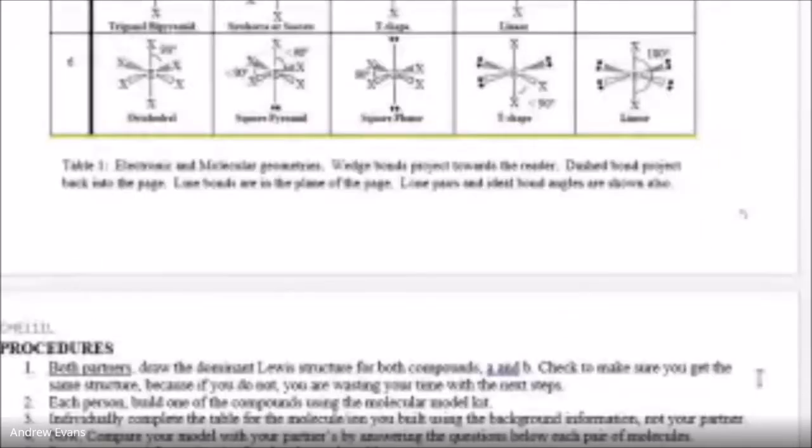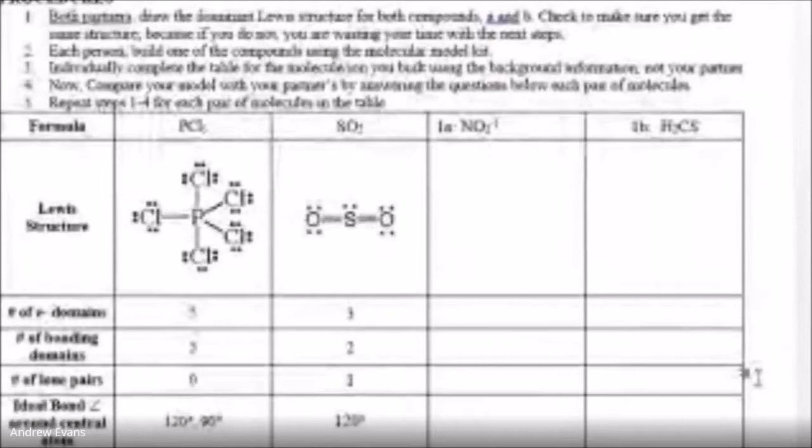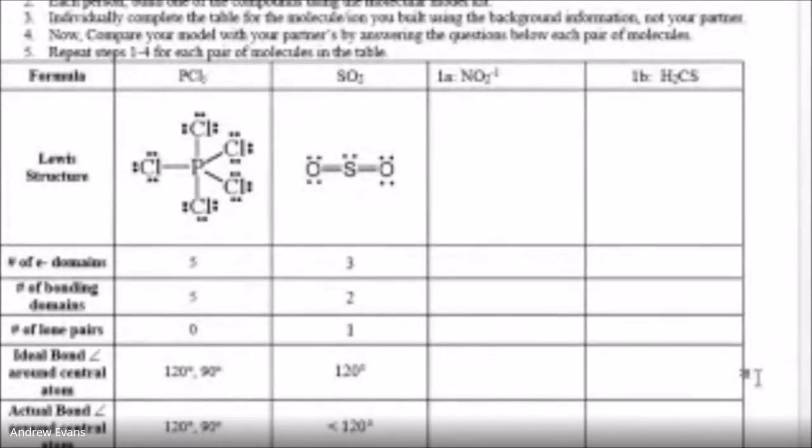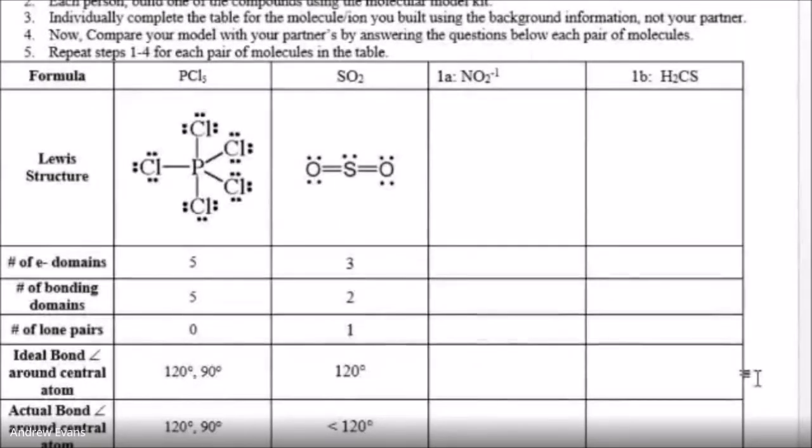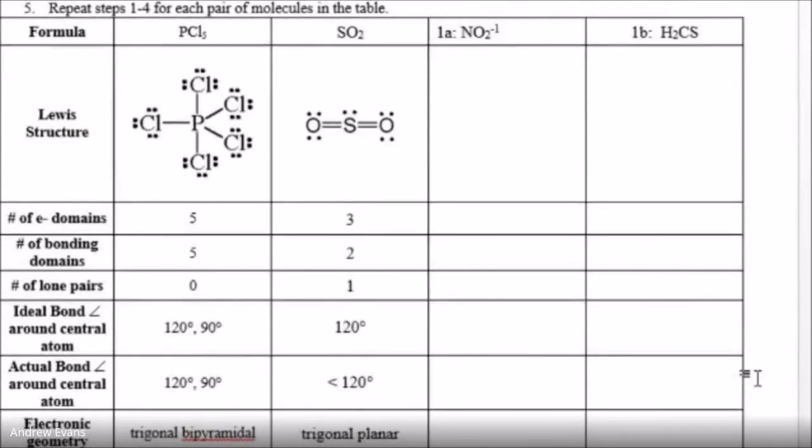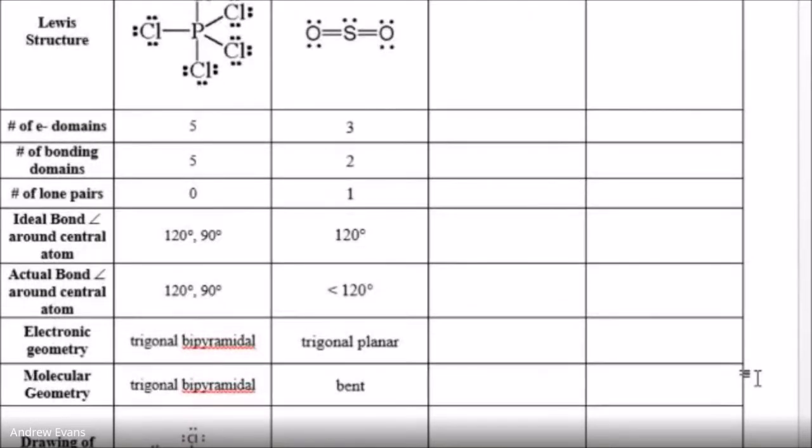So, okay, what you'll do is first draw a valid Lewis structure. Determine the number of electron domains, the number of bonding domains, and the number of lone pairs.